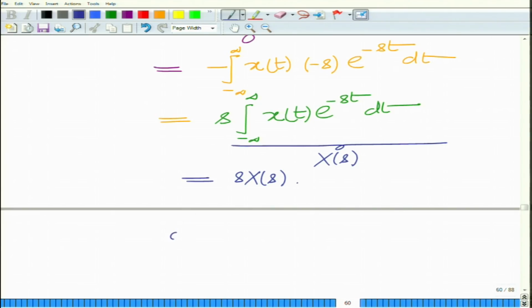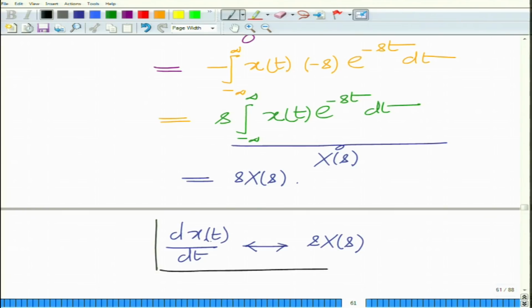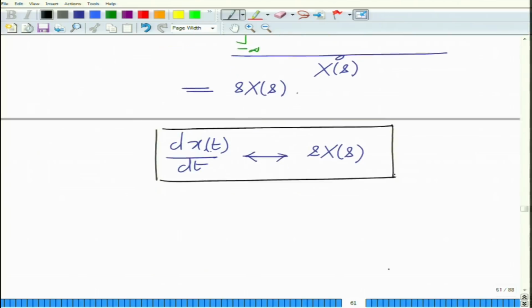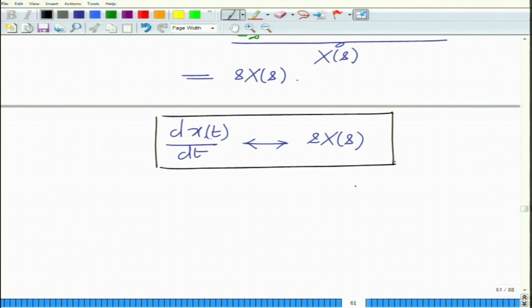Therefore, if x(t) has Laplace transform capital X(s), the derivative has Laplace transform s X(s). So, differentiation in time is multiplication by s in the transform domain.